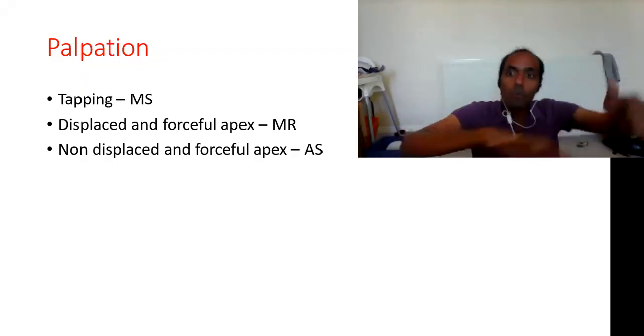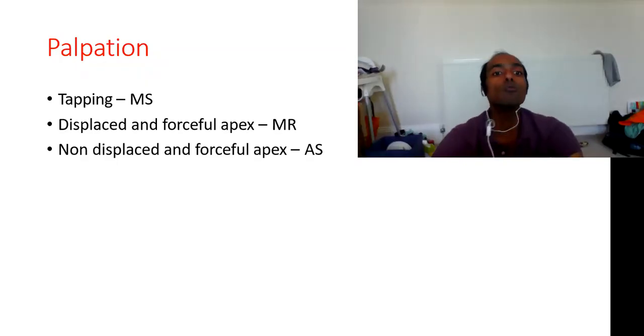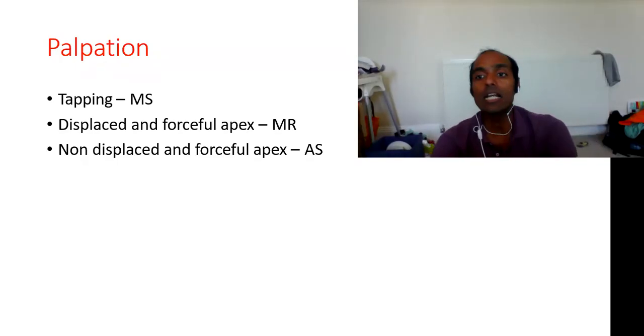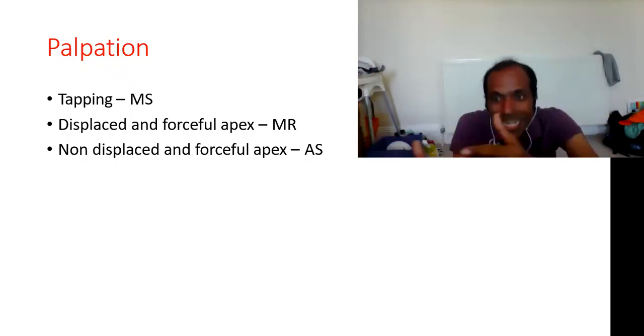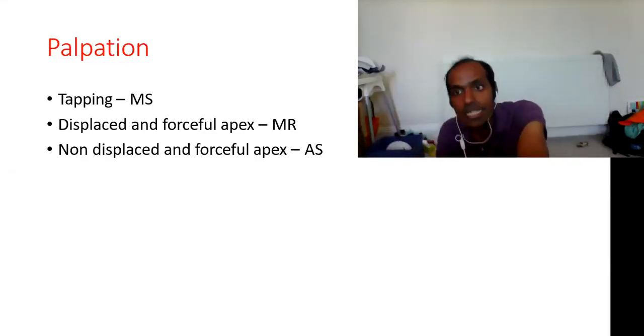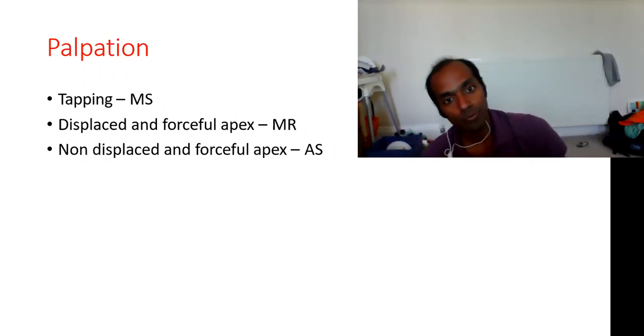So there is a progressive volume overload of the left ventricle, because all this regurgitated blood comes back again onto the left heart with every single cardiac cycle. So you get volume overload.